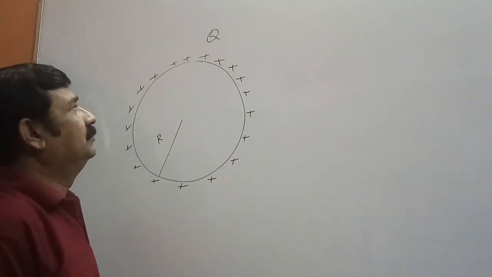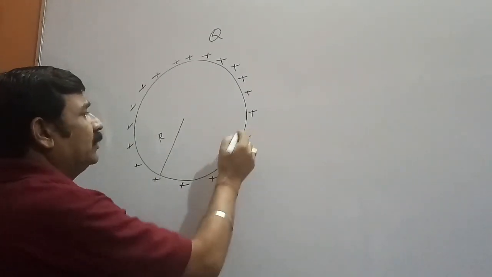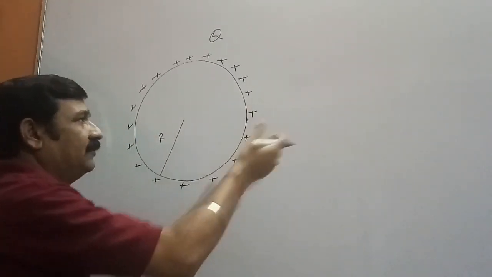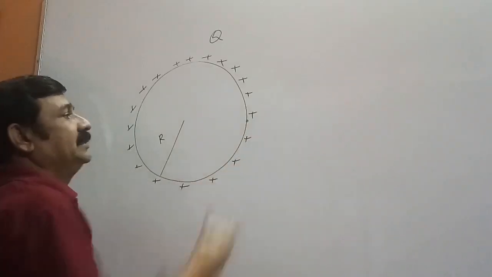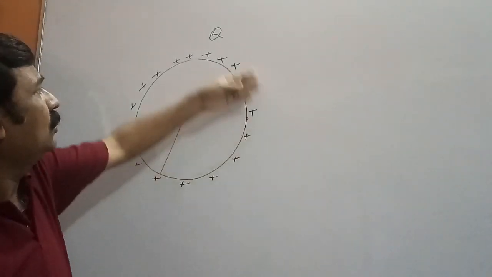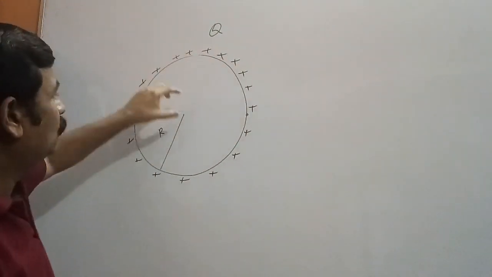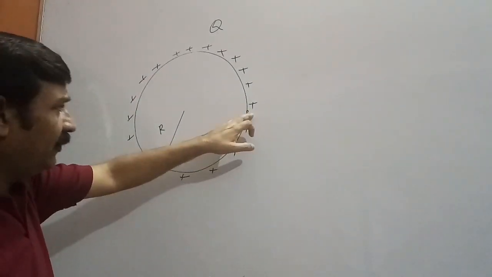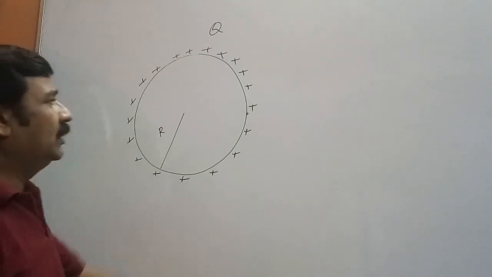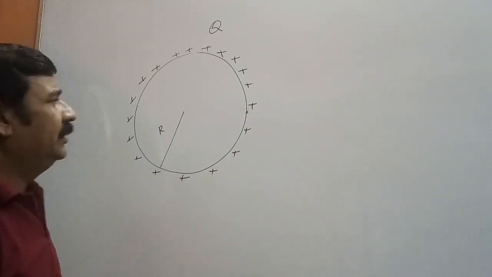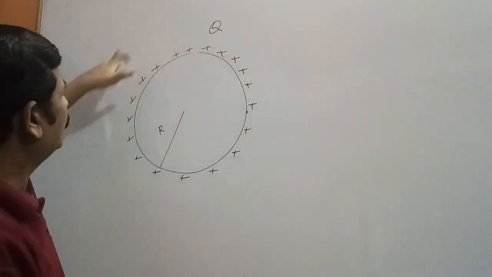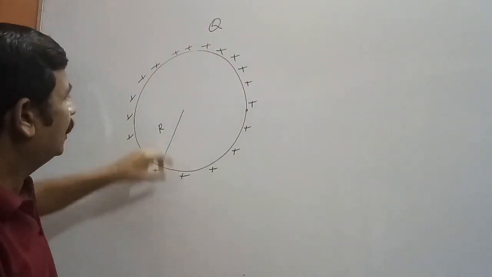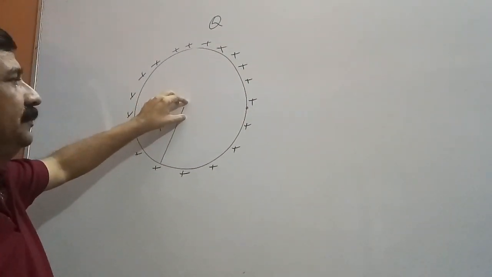According to Gauss theorem, when we try to calculate intensity on the surface of the conductor or outside the conductor, the whole charge of the conductor is supposed to be present at the center. So here if you want to know intensity, or here if you want to know potential, in both cases the total charge of this conductor will be taken at the center only.